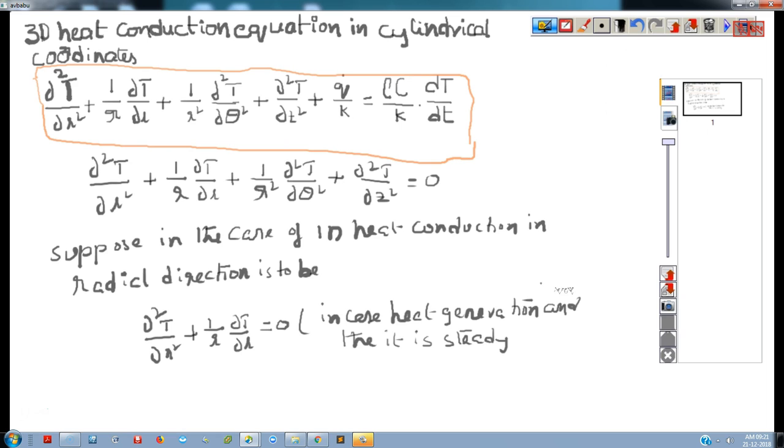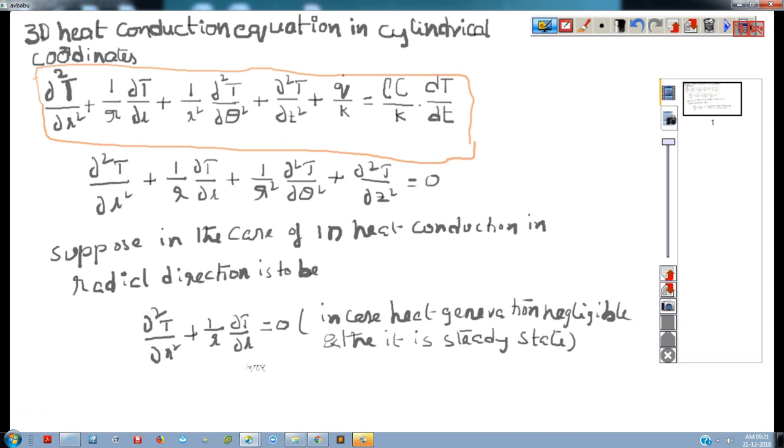Heat generation, sorry, here I'll rewrite it. In the case of heat generation negligible, and it is steady state.